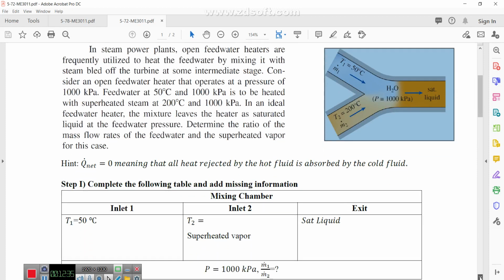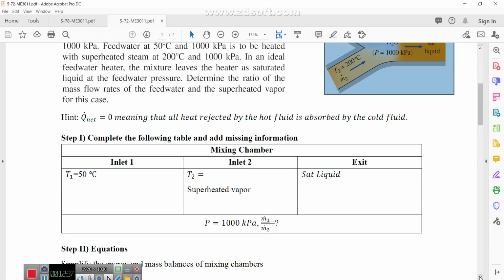I just added some information to this table. Please spend 2 minutes and then complete this table. Keep in mind that here you have two inlets, inlet 1, inlet 2, and then one exit. So spend 2 minutes and then add all available information to this table, please.